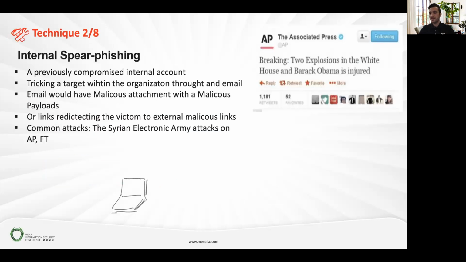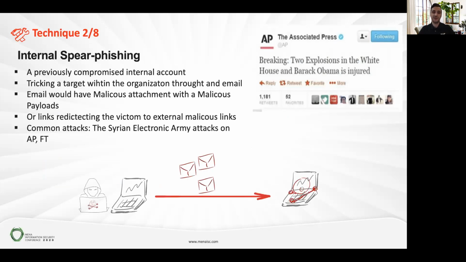The second technique basically is around internal spear phishing. So the attacker in this technique will either control the user device by a previously installed malware, or it can happen by compromising the account credentials of that user. So the adversaries will try to take advantage of a trusted internal email account to trick the target via phishing emails, which have a spear phishing attachment or a malicious link.